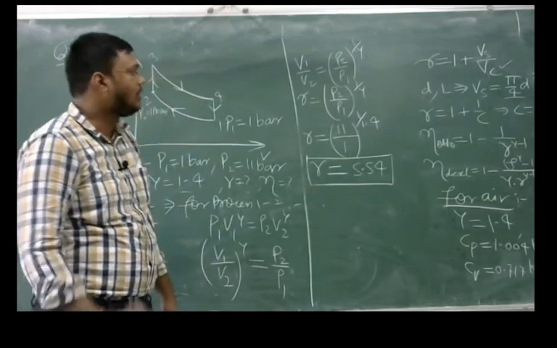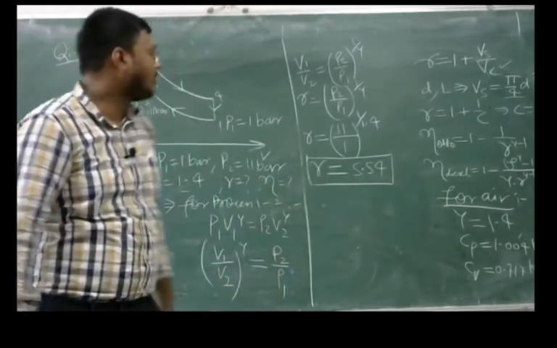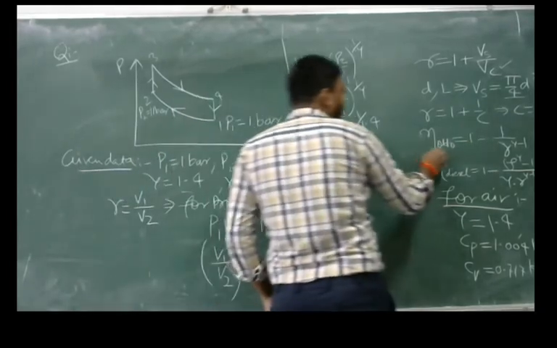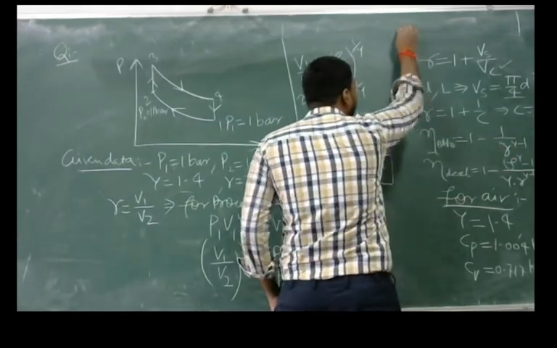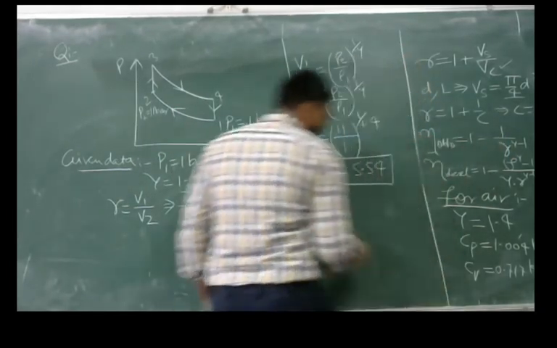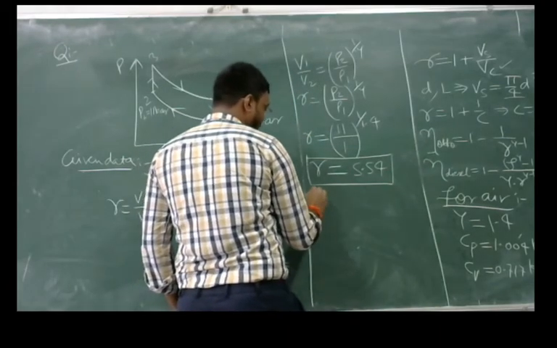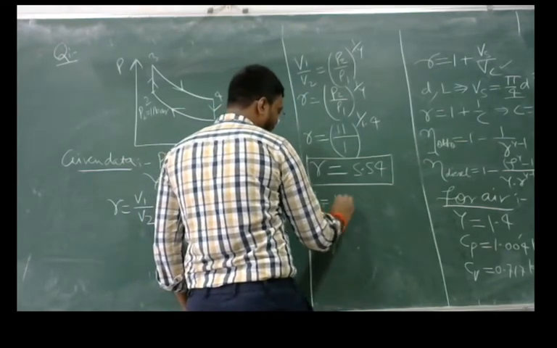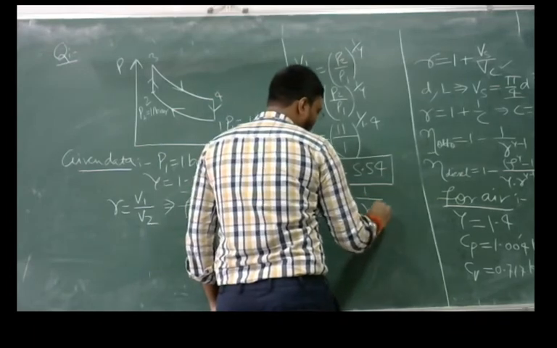Now the next question is to calculate the efficiency of the cycle. We know the formula for the efficiency: eta is equal to 1 minus 1 by R to the power gamma minus 1.